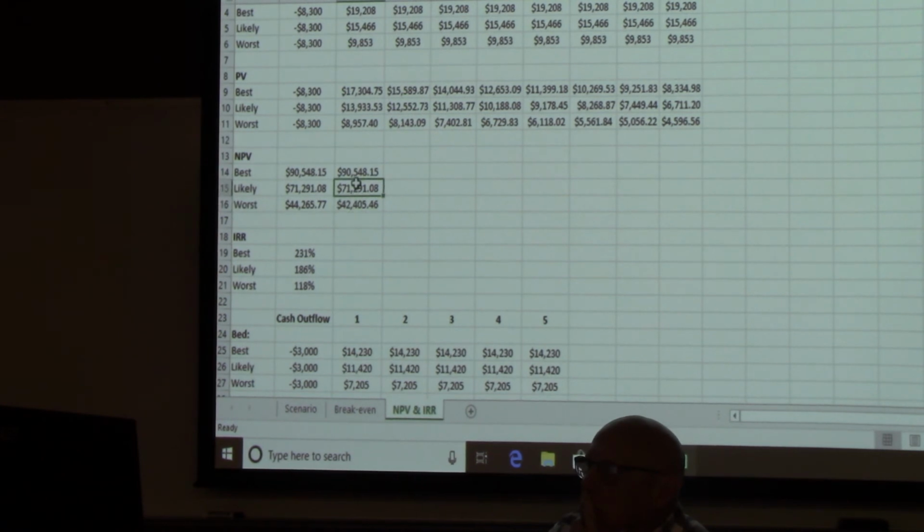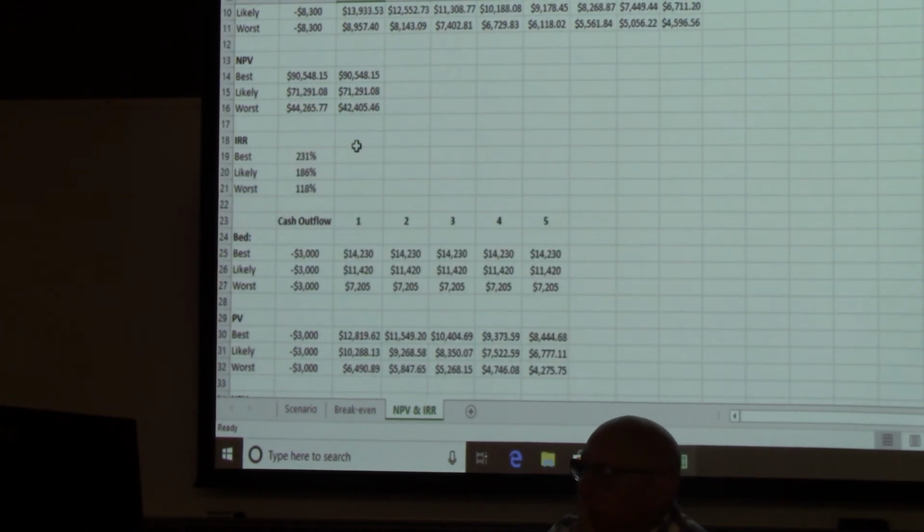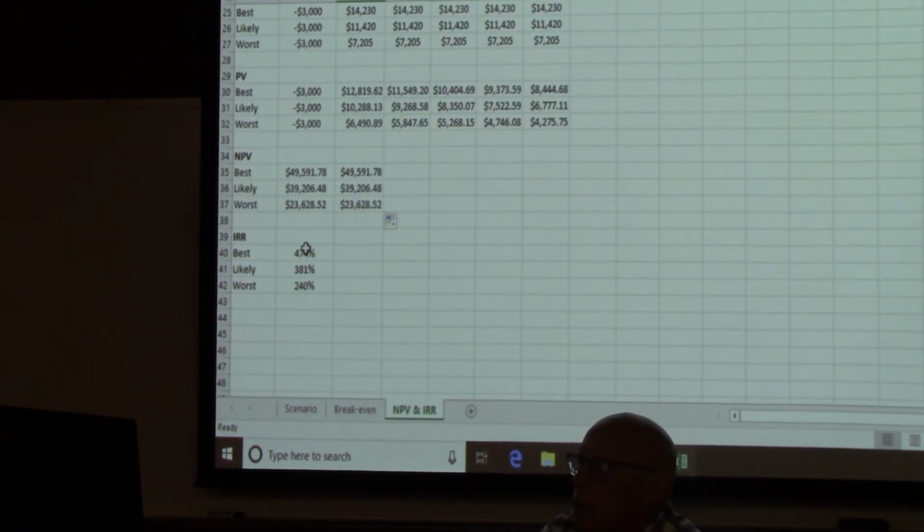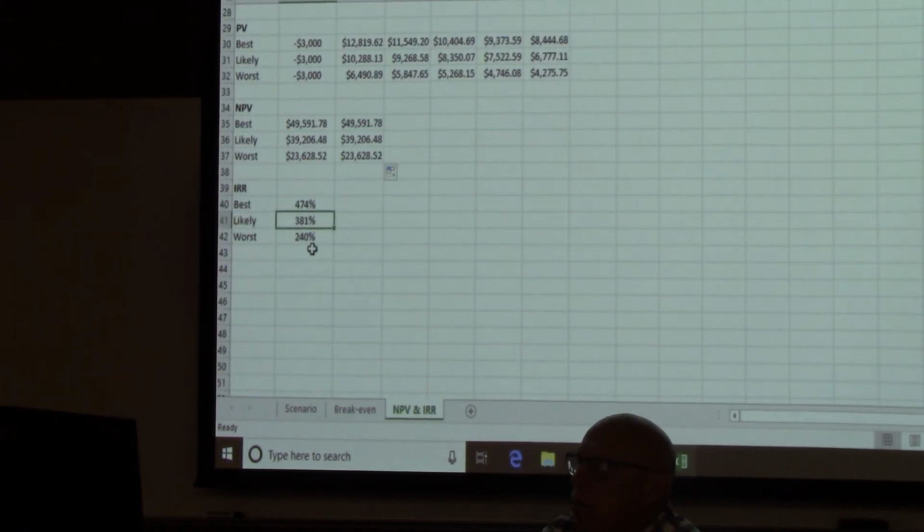Wait a minute. This number, let's see, 9. Yeah, it's got to be in here. 9853. I don't know. Y'all try to find it. All right. Our internal rate of return is higher for this project.